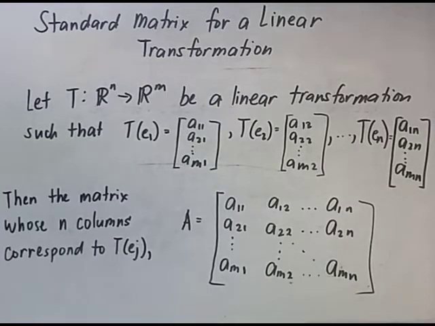Then the matrix whose n columns correspond to the transformation of e sub j is our matrix A, composed of the vectors that we have generated. Matrix A is called the standard matrix for the transformation.